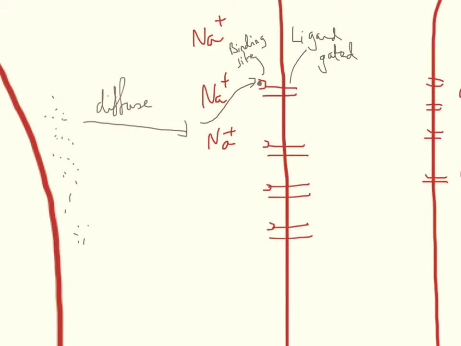Once the channel opens, it causes sodium ions to flood in through diffusion. This causes another depolarization. So you have a depolarization of the muscle cell, which is where we now are. So we started off in the neuron, and then we've moved into the muscle cell.